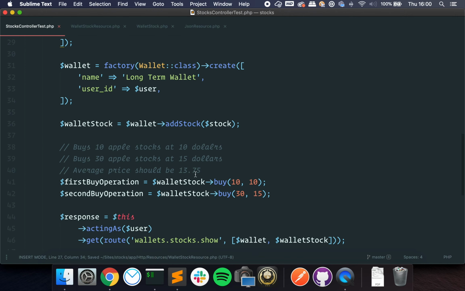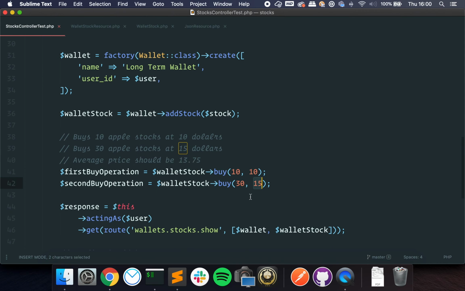So let's change this a little bit. Let's bring down our average price to 11. So it's 12. Let's say we bought 20 at 10 and then we bought 20 at 12.